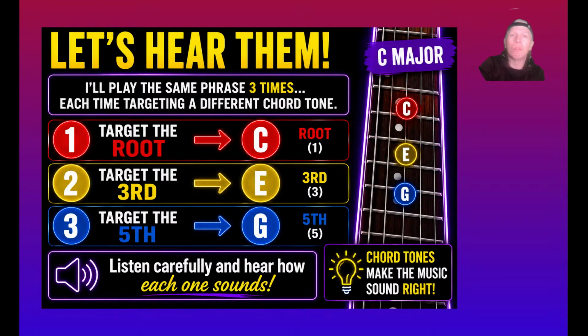First I'll do the root, which is a C major chord. Then I'll target the third, which is the E note in the C major chord. And then I'll target the fifth. So listen carefully and hear how each one sounds, because the chord tones make the music sound right.